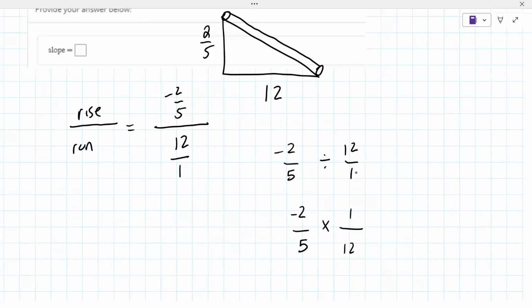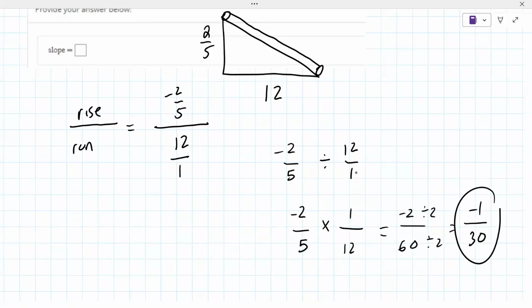Across. Yes. So that's -2 over 60. And then you can divide each of these by 2. Can you give me the final result, please? It would be -1 over 30. Yes. And that is your final answer.